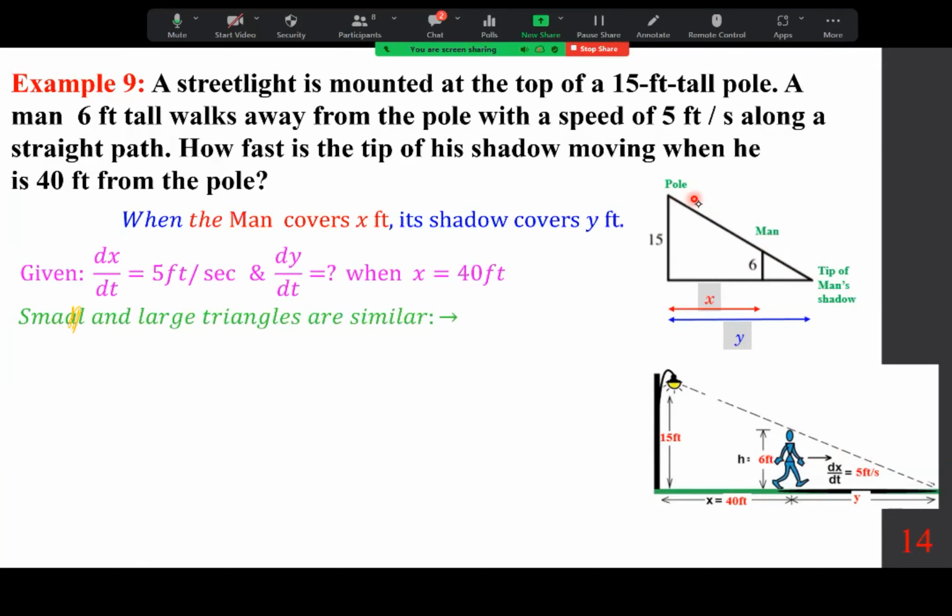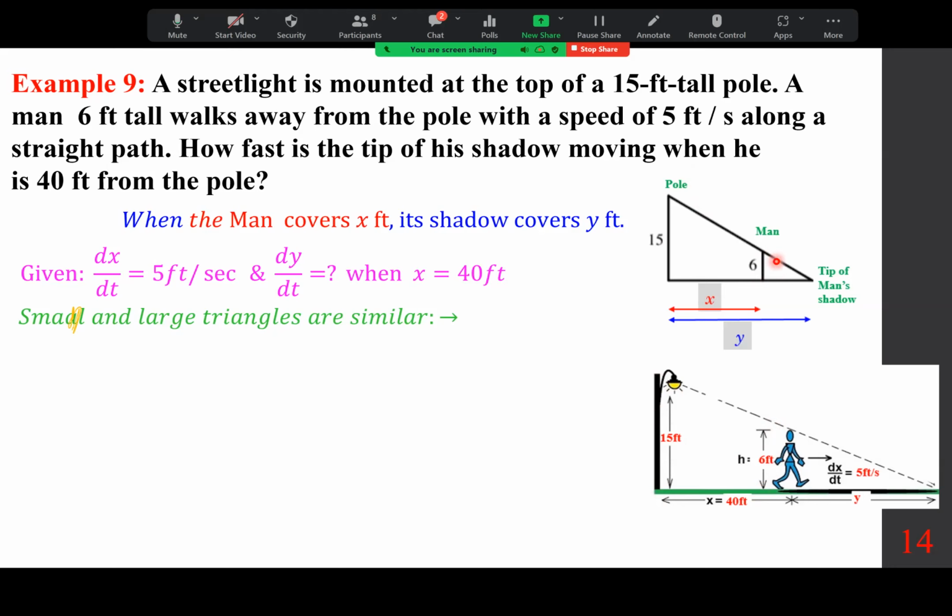I hope everybody knows why: their corresponding angles are identical. This is in common. This is 90 degrees, so is this one, which makes those two identical. So those are similar figures, and we can pick a value from the small one and compare it to the large one.